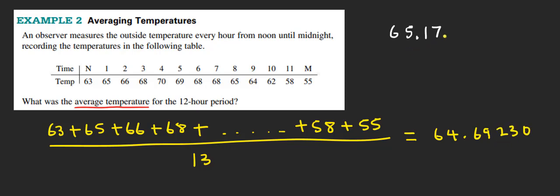But when we did the integral, the answer came out to be 65.17. The mistake of doing it this way is that you're not really accounting for what's happening between 0 and 1, 1 to 2, 2 to 3, and so forth. So be careful not to make this mistake.